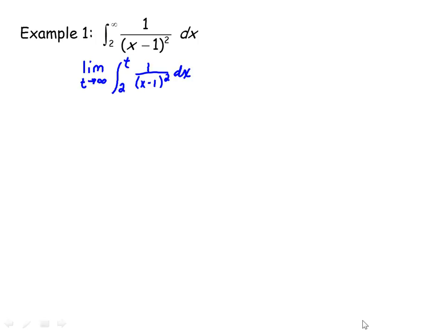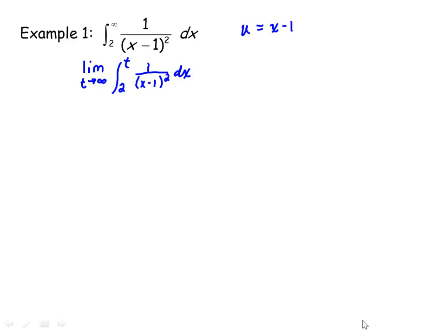Okay, so from here, once you rewrite it in this form, your next step is to actually do your Cal 1 antiderivatives. That's stuff that you learn how to do in Cal 1. So, can you tell me how to find the antiderivative? Can you tell me how to integrate, however you want to look at it, 1 over (x minus 1) quantity squared? U substitution. What is u going to be?